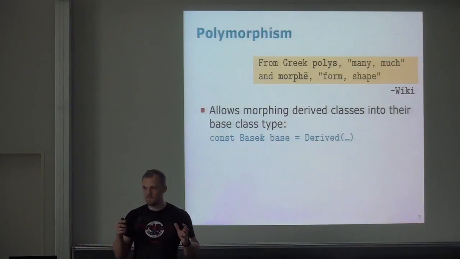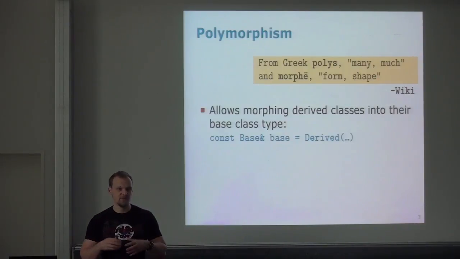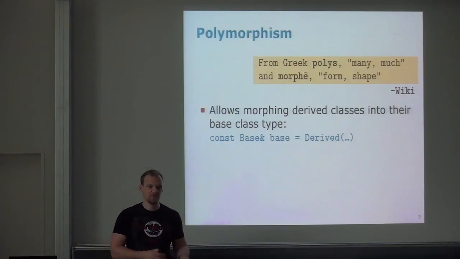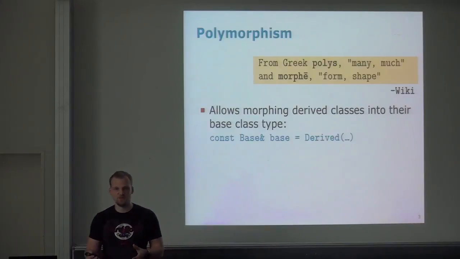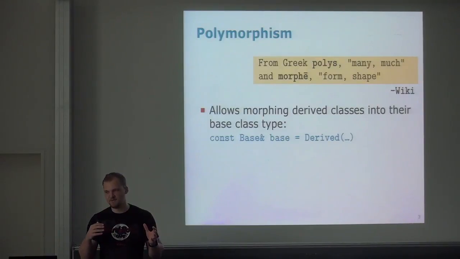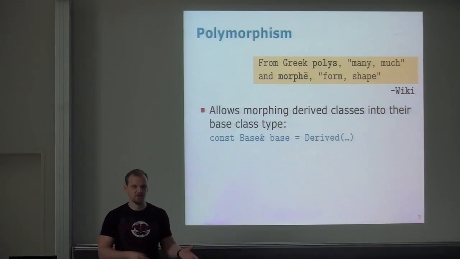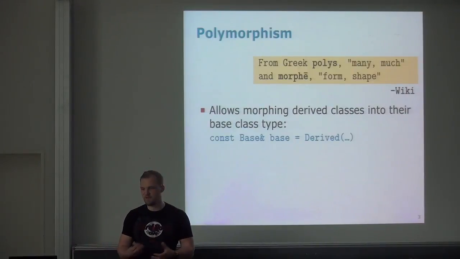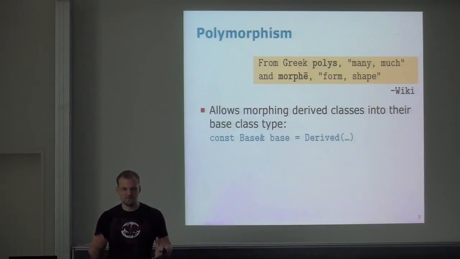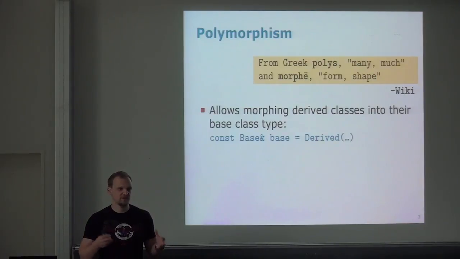Right, so there is a word polymorphism, and it's one of the three big words in object-oriented programming. You might have heard about it a bit if you did Java before. Java is a completely object-oriented language, and that's why it's always caring about encapsulation, polymorphism, and inheritance. Polymorphism is just something that can take many shapes.